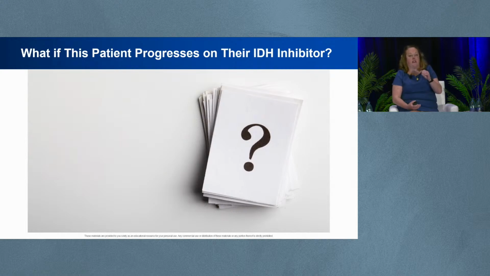I think that there is a potential to study this in a clinical trial, and how that's designed, I think it'll be very important. I think we need to learn from studies like the vorasidenib study that was done by Dr. Whittle and colleagues about what happens to those tissues after they've seen an IDH inhibitor, and understand what those tissues look like.